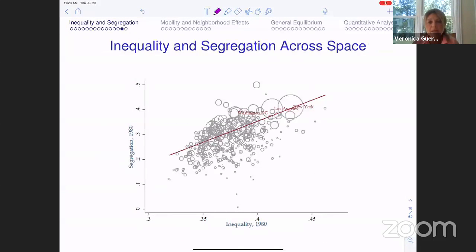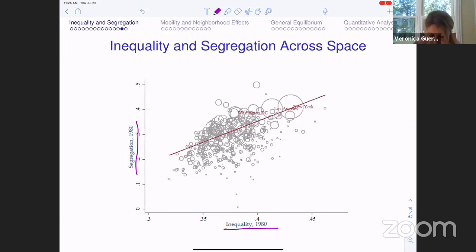Now, let's think about different metro areas, and let's focus on 1980, which is the first year where we start our analysis and where we think there has been a more dramatic increase in inequality. On the x-axis, we have inequality in 1980, and on the y-axis, we have segregation in 1980. Each ball is a different city.